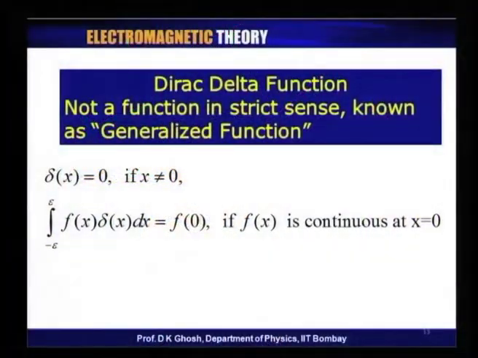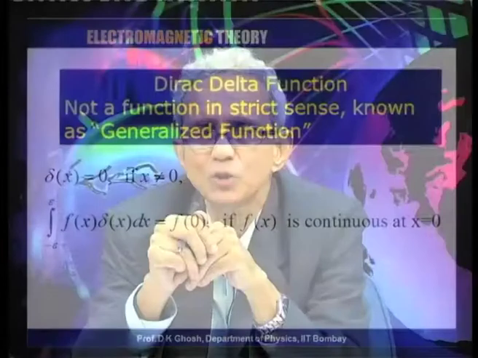Dirac, as you probably know, was a very well known physicist who had actually shared a Nobel Prize with Schrodinger for his contribution to quantum mechanics. Now, Dirac's delta function is a funny function. In fact, in the strict sense, it is not a function at all. It is either called a generalized function or a distribution, but we will not go into the mathematical finer points of a delta function.